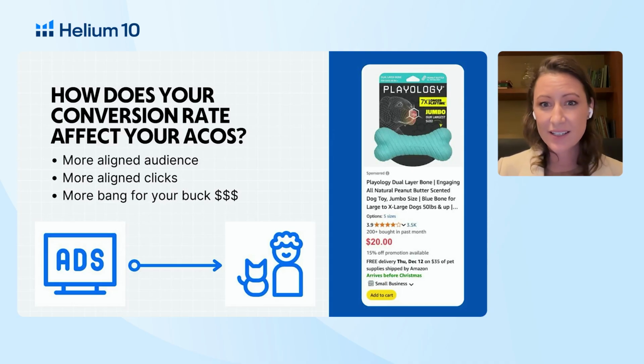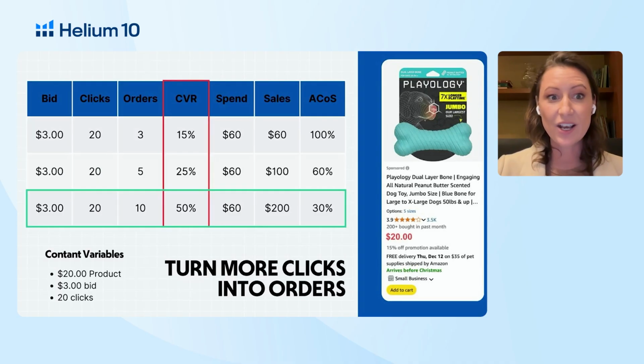But when we target the overall term dog toy, a lot of people click, but maybe they don't buy. That means we have a lower conversion rate, right? But if we can hyper target that audience a little bit more, even if we get a little bit less clicks and we can increase our conversion rate, that's going to directly improve our ACoS.